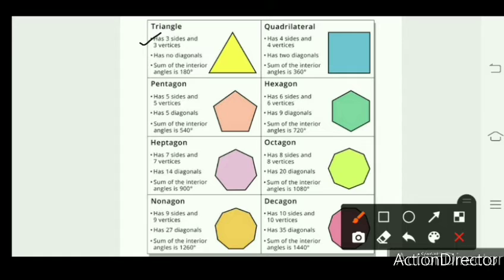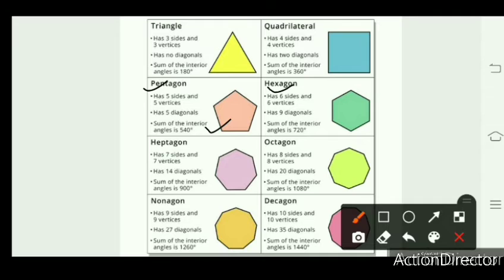Now here I will show you different figures of polygons according to their sides. A triangle has a total of 3 sides, and the sum of its interior angles is 180 degrees. A quadrilateral has 4 sides and 4 vertices, it has 2 diagonals, and the sum of the interior angles is 360 degrees. A pentagon has 5 sides, and the sum of the interior angles is 540 degrees, with 5 diagonals.